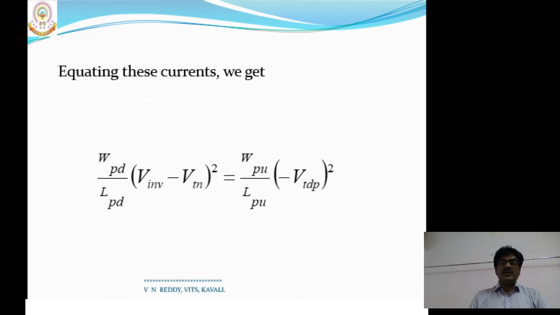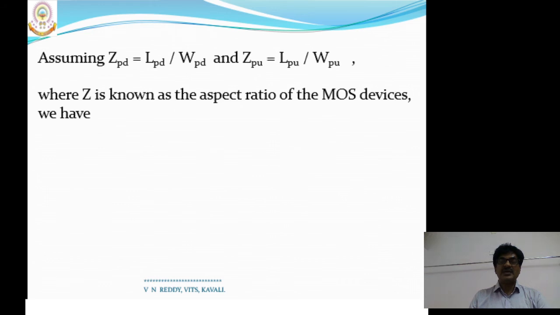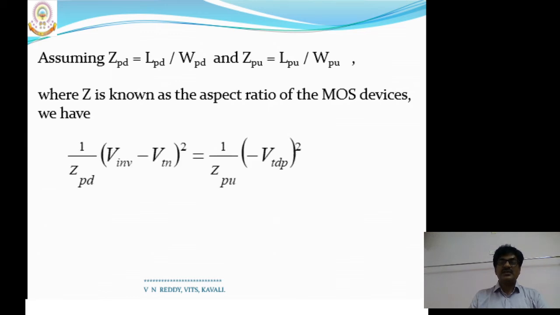You know that the ratio L by W is Z in VLSI notation, that is the aspect ratio. The aspect ratio L by W is represented by the notation Z. Hence, assume ZPD equals LPD by WPD and ZPU equals LPU by WPU.